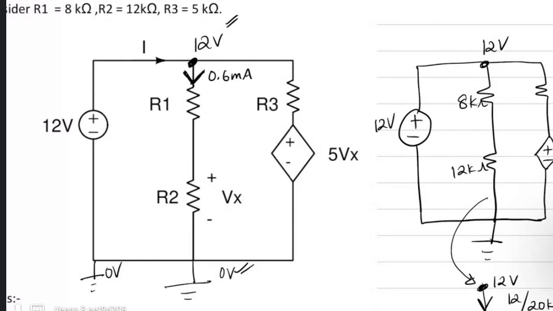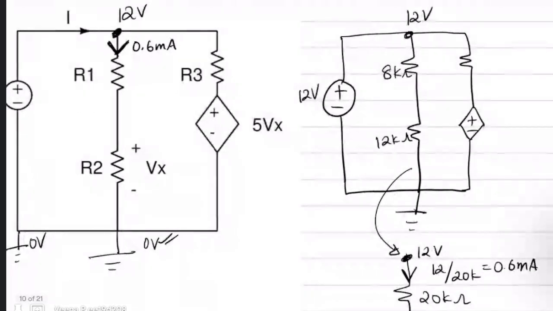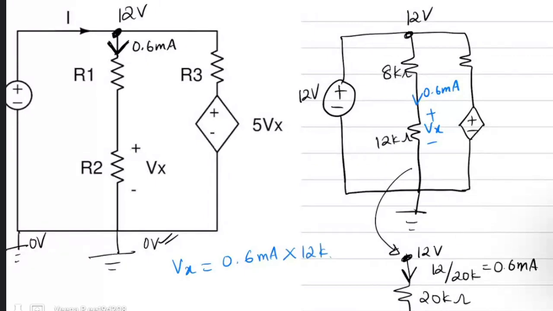This much you got. Now if the current is 0.6 milliampere, let us find out what Vx is. Vx is nothing but the voltage drop across 12 kilo ohm. So 0.6 milliampere flows through 12 kilo ohm. So the potential Vx is nothing but 0.6 milliampere times 12 kilo ohm.